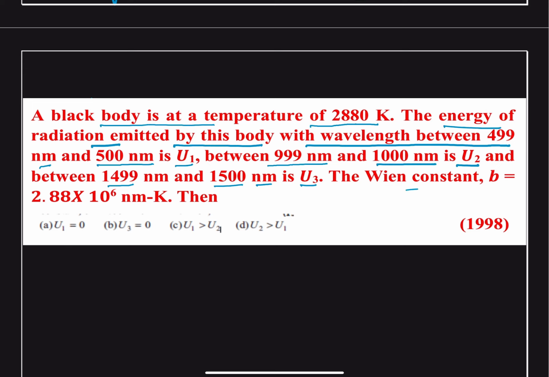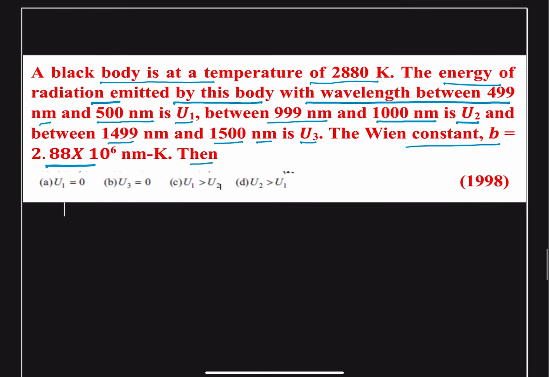The Wien's constant is also given, and we have to find out which of the options will be true. So basically it means whether U1 or U3 is equal to 0, and what is the relationship between U1 and U2.